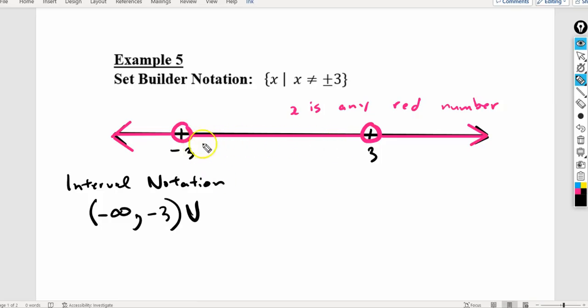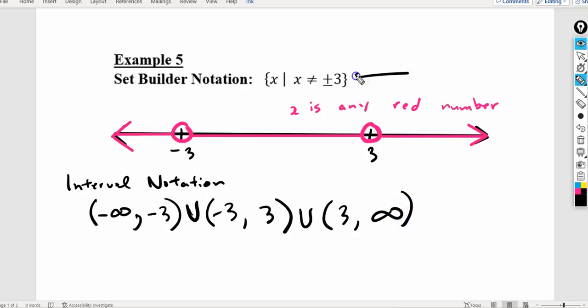And then this portion of the red line is strictly between -3 and +3. Then I have a gap just at +3. And then this piece of the line is everything to the right of 3.